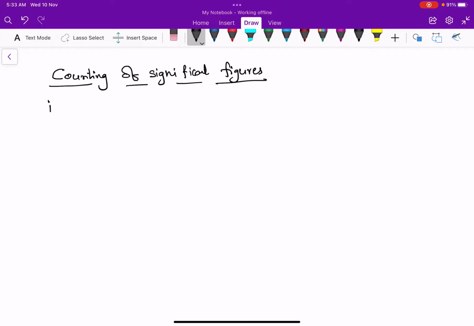We shall divide this concept into non-decimal numbers and decimal numbers. Almost all rules are the same but slightly different in this.